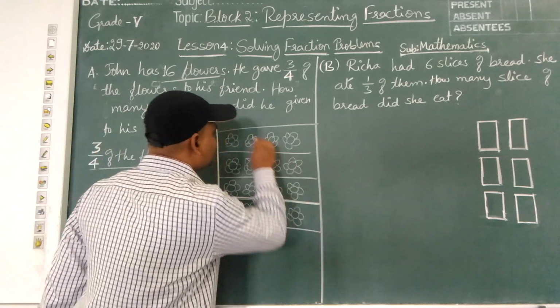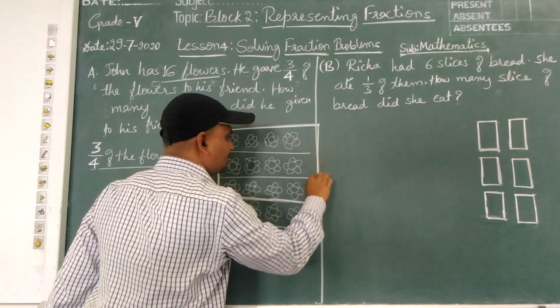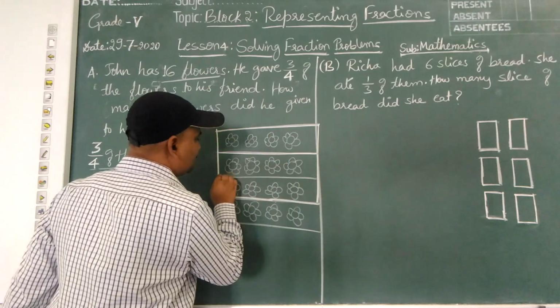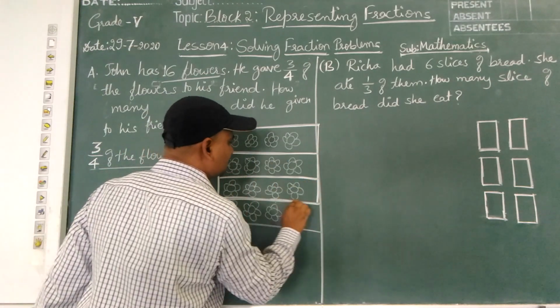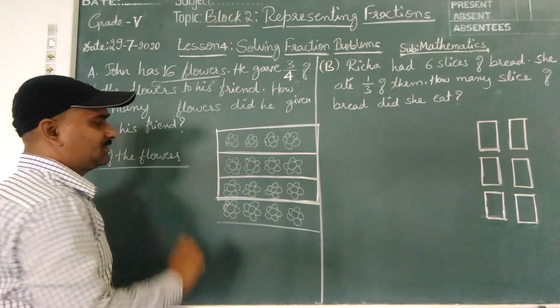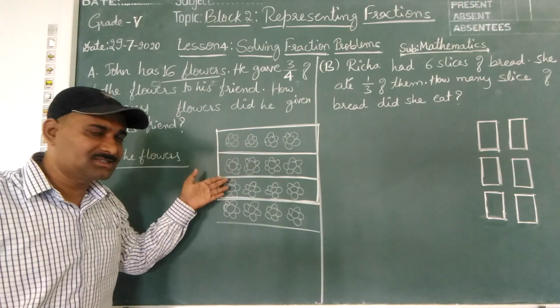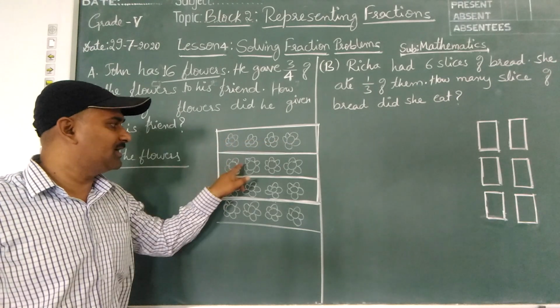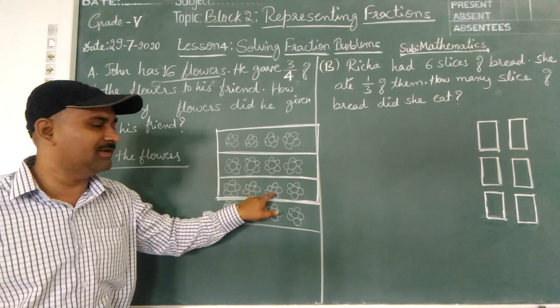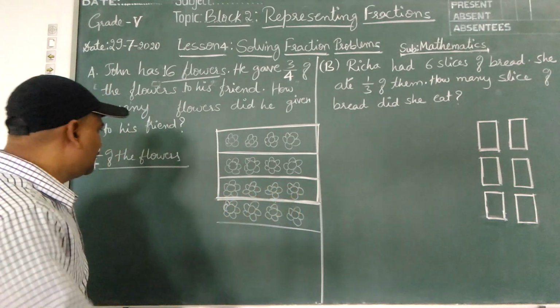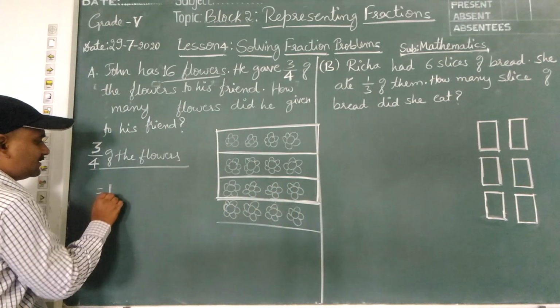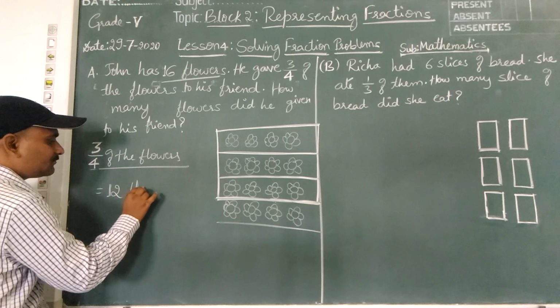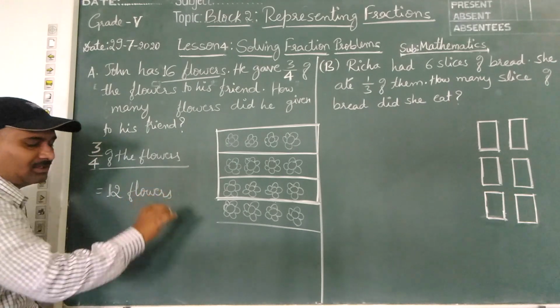Only 3 parts. 1, 2 and 3 parts selected. In these 3 parts, count how many flowers are there. 1, 2, 3, 4, 5, 6, 7, 8, 9, 10, 11, 12. So, in 3 parts, 12 flowers are there.